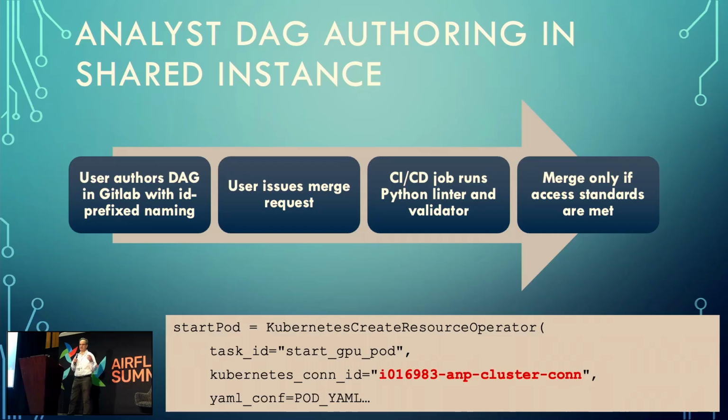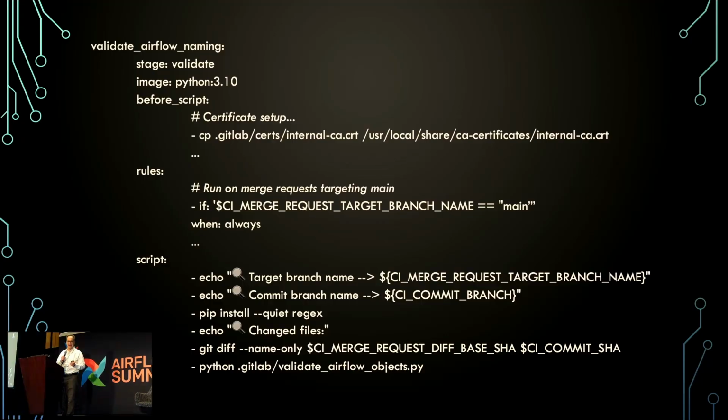And of course, we can determine their user ID from their session. In that way, it's a bit of a kludge, but it makes sure that you've only authored to those connections that you have created yourself. And thus, we're able to, in a CD script, make sure that it passes that validation test before it can be merged into the mono repo.